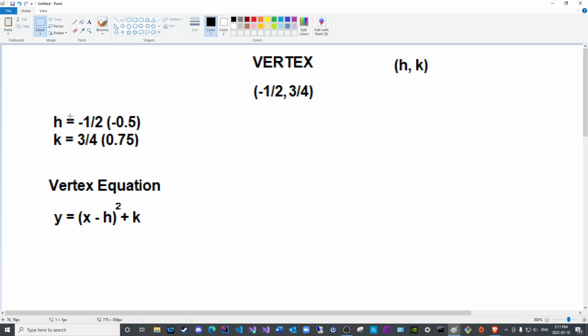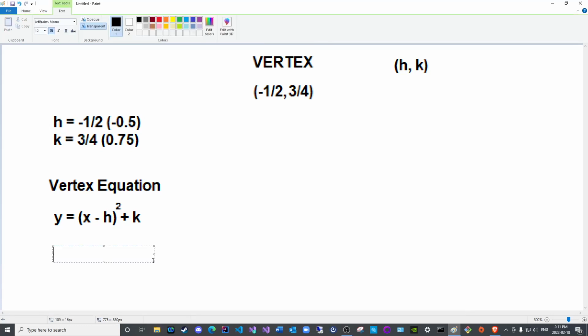So if you want to write these two in a vertex equation, it will be like so. y is equal to, let me enlarge this a bit. So the h here is negative. Negative times negative is, so it is not like so. Let us write it fully so that people can understand. Plus 0.75.